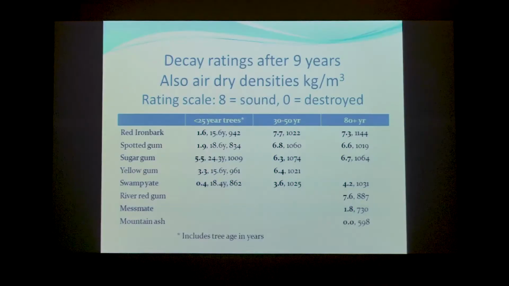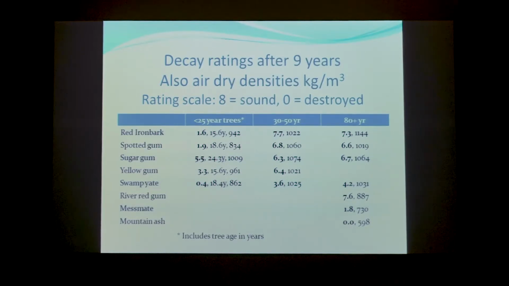So the 30 to 50 and the 80+ year trees, you can see the densities there are fairly similar between them, where comparisons are available, and the decay resistance is also fairly similar. Whereas the less than 25 year trees, I've included in there the mean age of those actual trees.